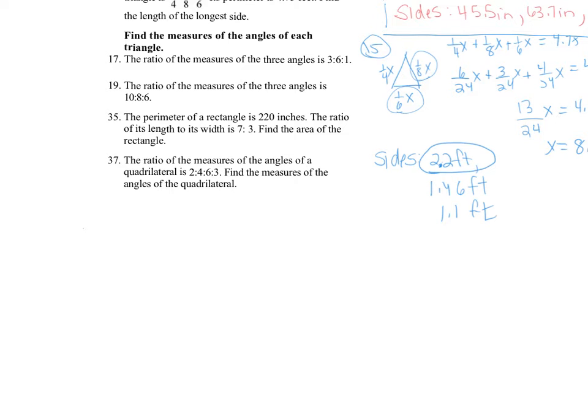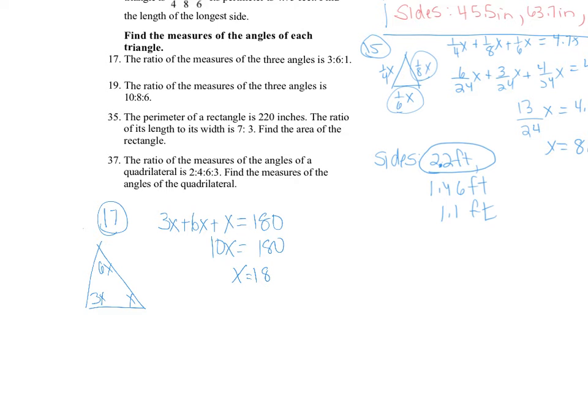For number 17, our angles are 3x, 6x, and 1x. I know that the sum of the interior angles of a triangle needs to equal 180. So there's my equation. When I combine like terms, that gives me 10x equals 180, or x is equal to 18.